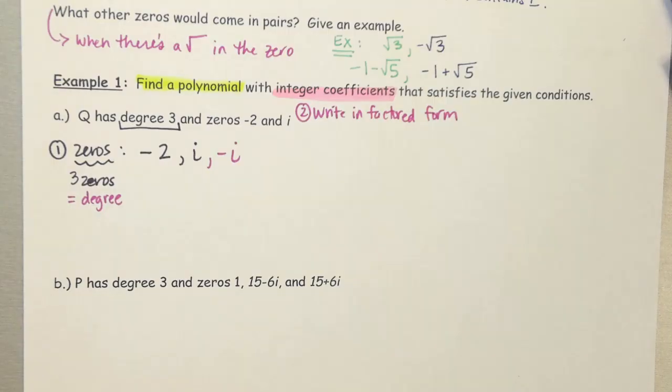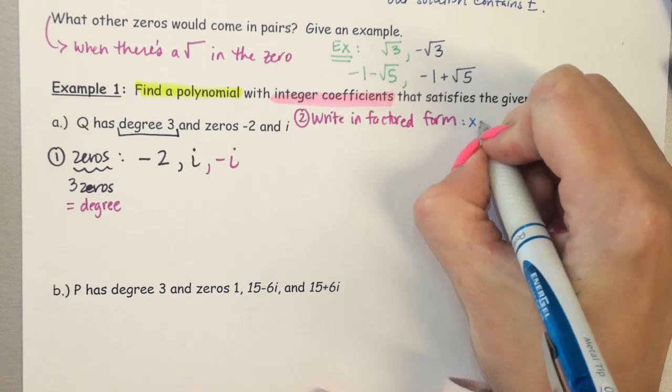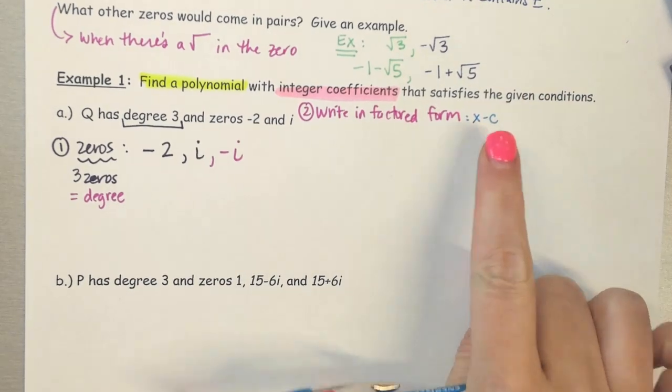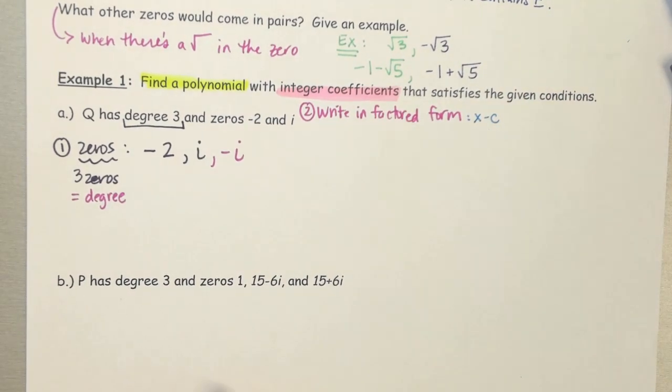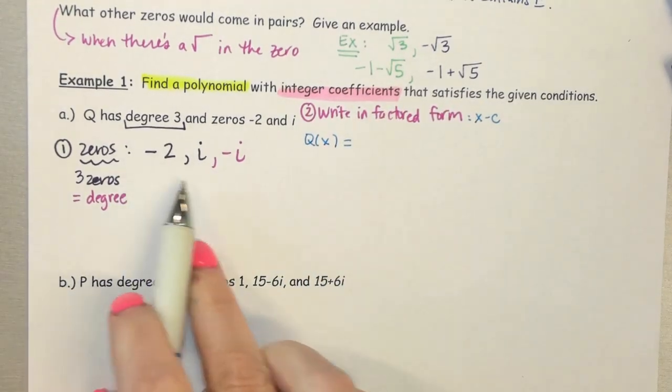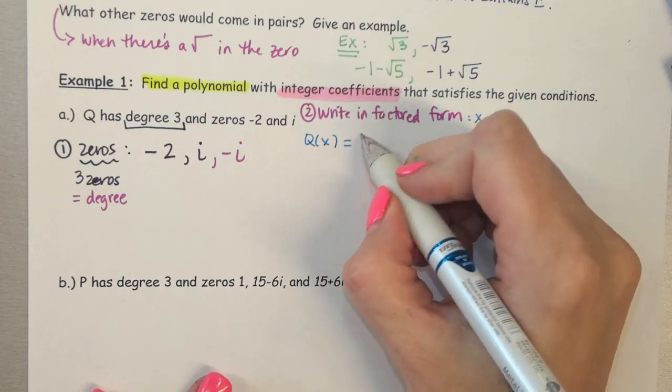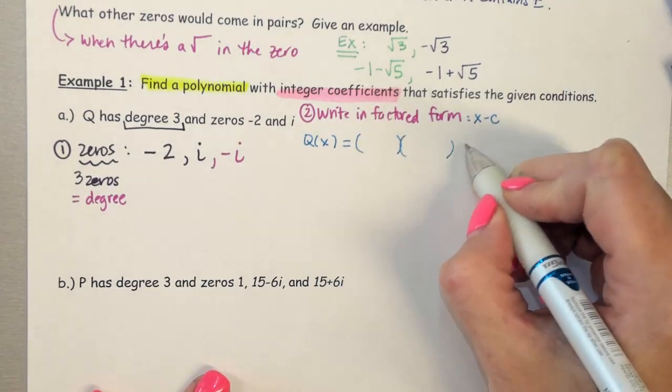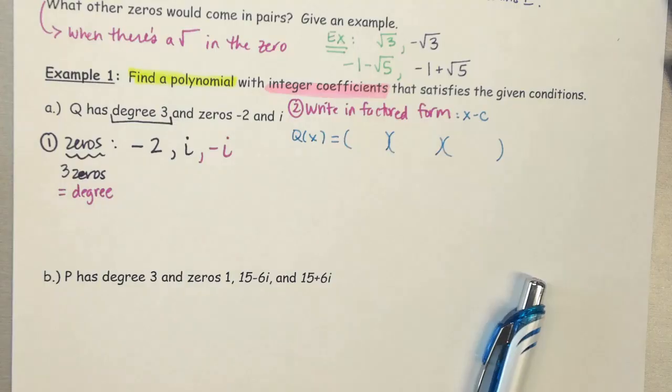Whenever you're writing out your factors, your factored form is x minus whatever your zero is. So it's going to be q of x equals, and I feel like you can do this part without me. Let's give it a try. You're going to have 3 factors. And then if you would like to, you think you can FOIL them, you can do that.